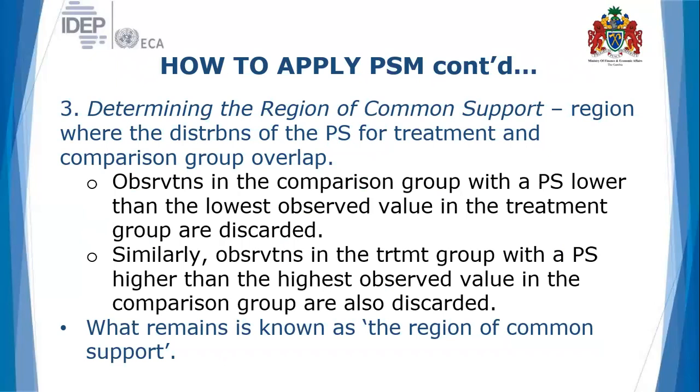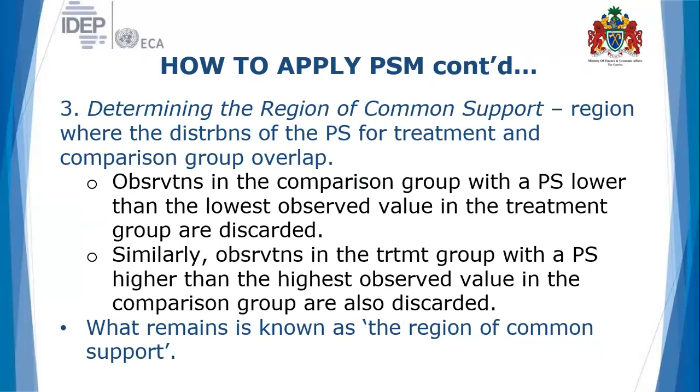Step number 3 in the propensity score matching estimation is determining the region of common support. This is the region where the distributions of propensity scores for the treatment group and the comparison group overlap. So that region where the two overlap is known as the region of common support.